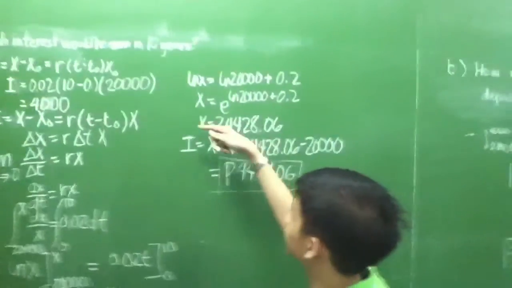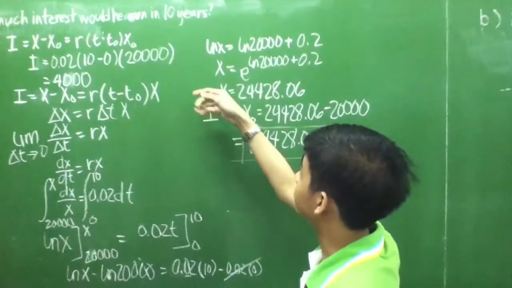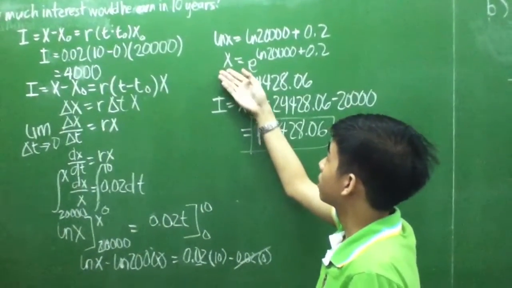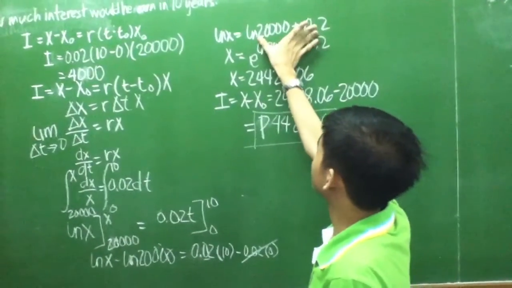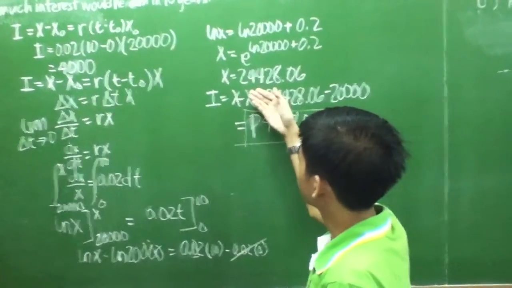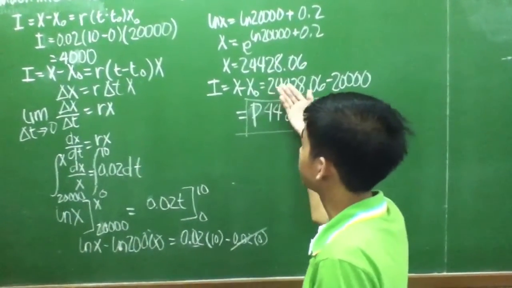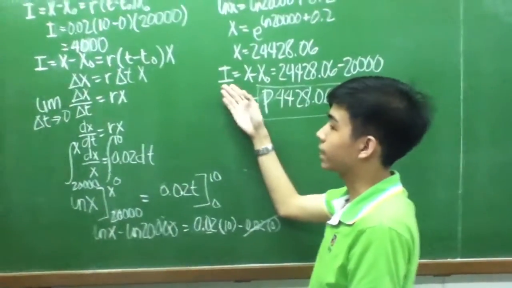And then we just raise both sides by e, and then we will get the value of x, which is equal to e raised to ln 20,000 plus 0.2, which is equal to 24,428.06 pesos.